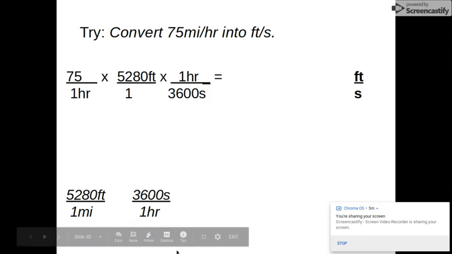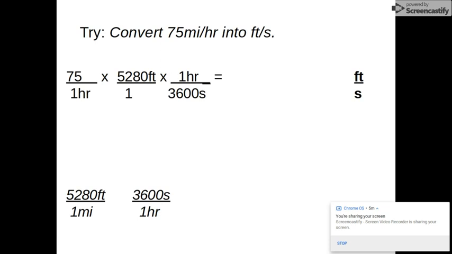Yes, we do. It is the conversion factor 3,600 seconds for every 1 hour. Okay, you can also think of this as 60 minutes for every hour and 60 seconds for every minute, right? So 60 times 60 is 3,600, or you can just memorize this conversion factor of 3,600 seconds per 1 hour.